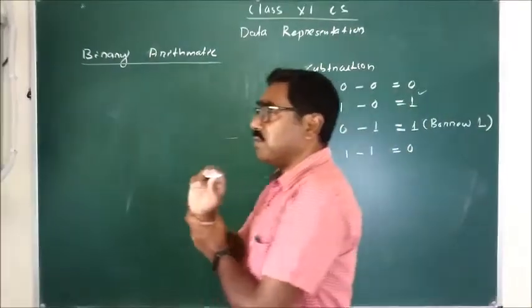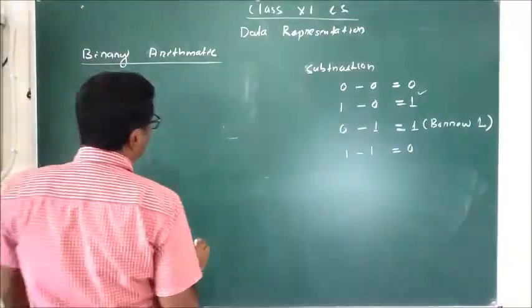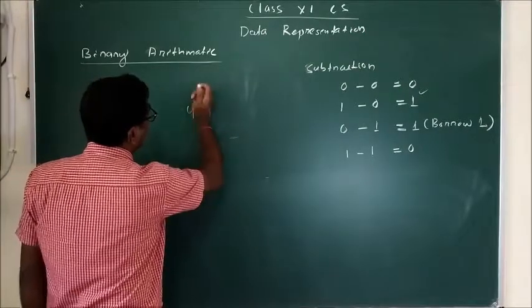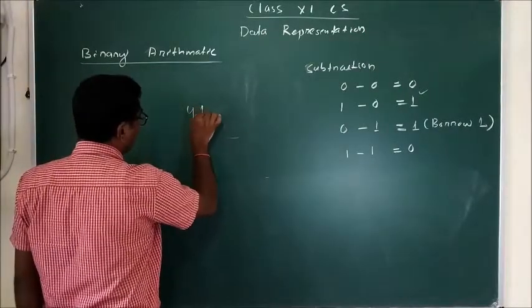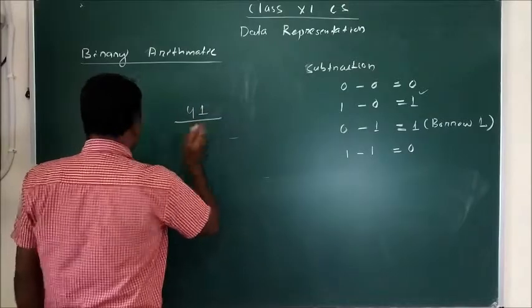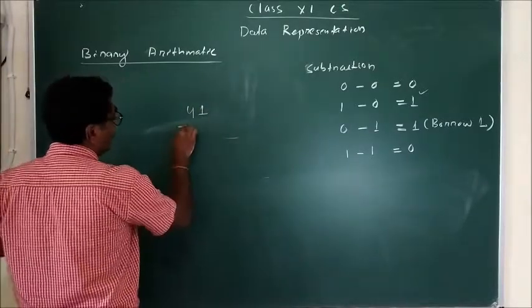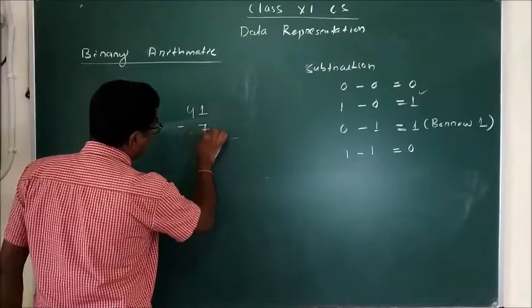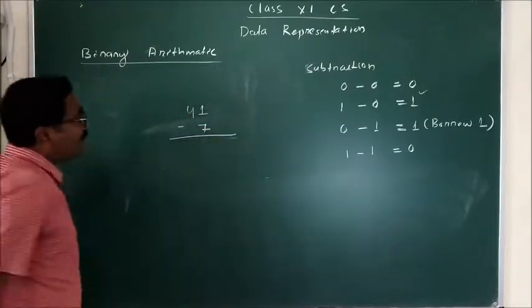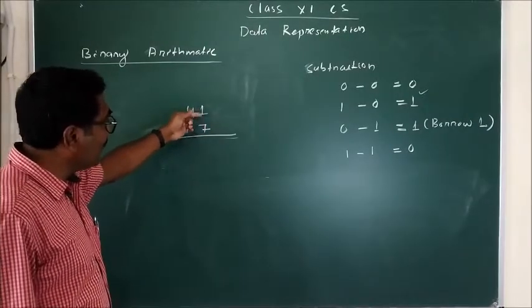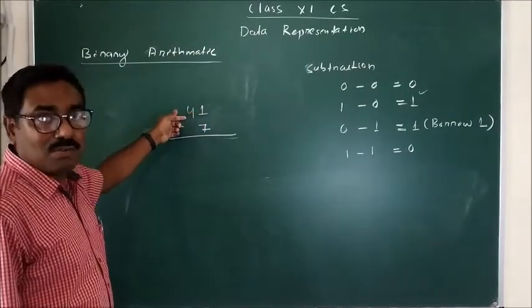Now come to the normal calculation. Suppose we have to calculate 41 minus 7. Now what happens? 1 minus 7 is not possible, so we have to take a borrow from this place.